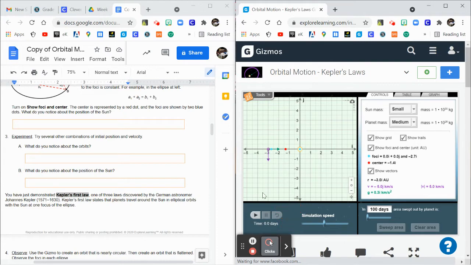How about that one? Let's see. Well, there you go. Look at one of the foci. Look at the focus and the sun, right? Let's try another one.